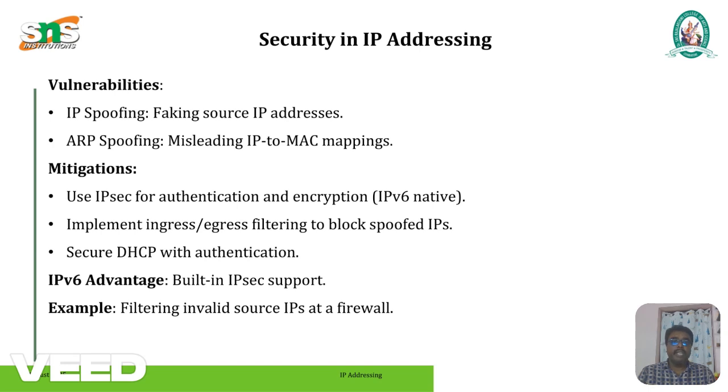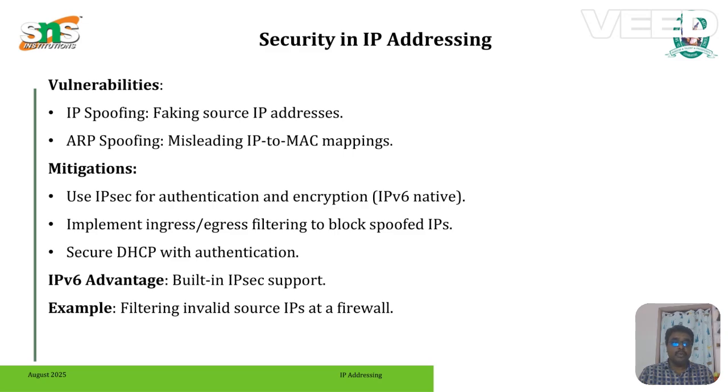Regarding security, IP spoofing is a threat, and IPv6 helps us eliminate fake IP addresses and misleading IP addresses. It uses IPsec for authentication and encryption, which is a native operation in IPv6, and it also uses ingress and egress filtering, and DHCP with proper authentication.